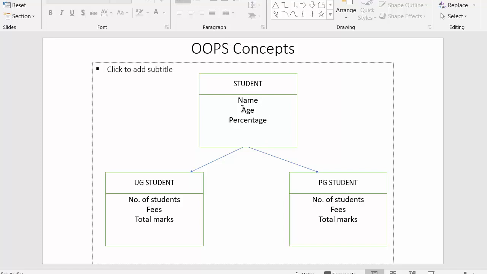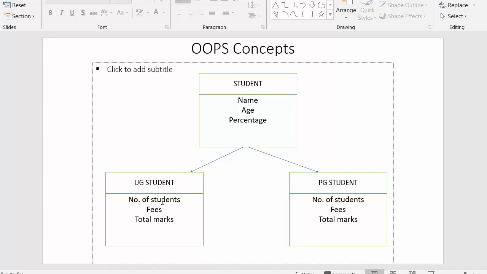A student has name, age and percentage, and a UG student also has name, age and percentage, and a student from PG will also have the same set of attributes. So these three attributes, name, age and percentage, are common for a student.